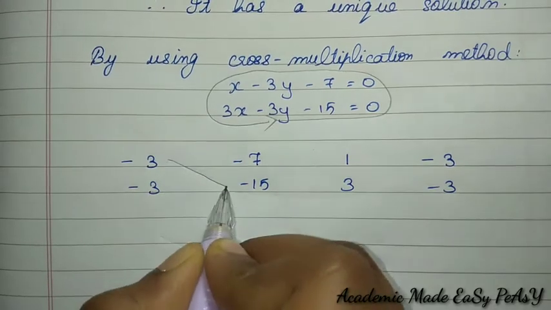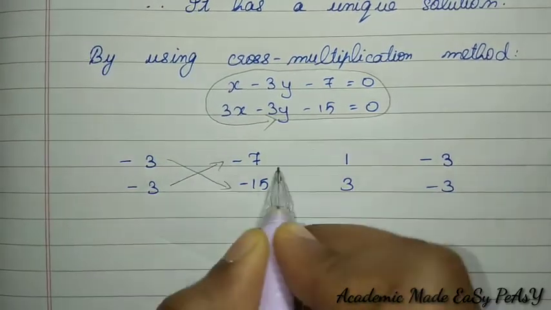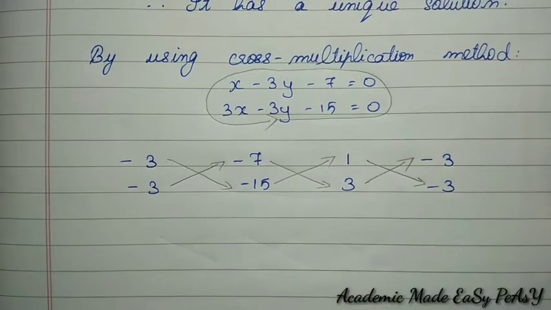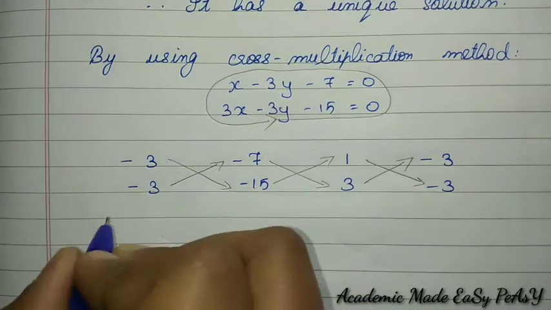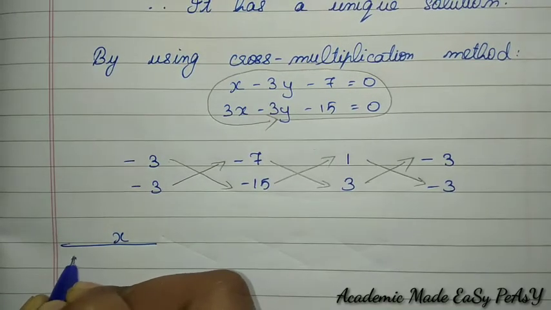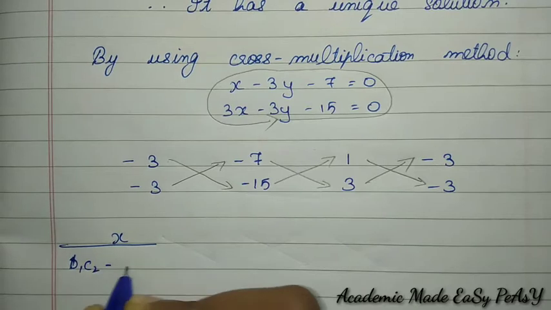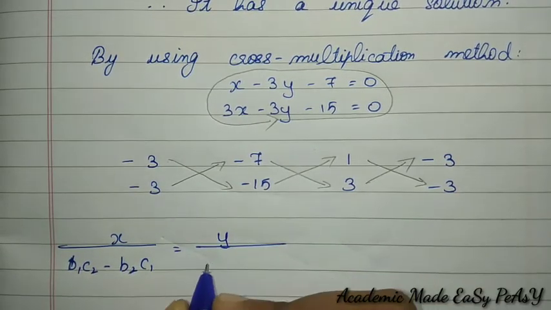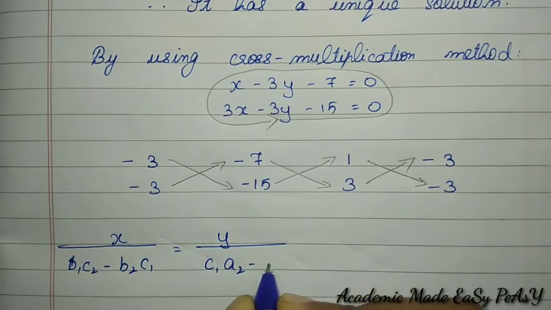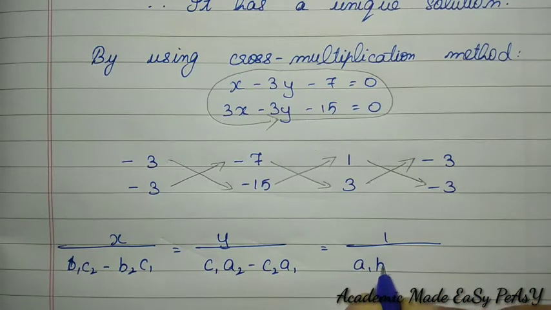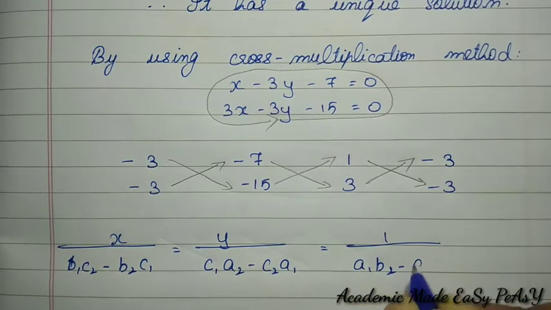It is very easy if we remember this diagram, so always remember this diagram. Now we will be writing the formula: x divided by B1C2 minus B2C1 is equal to y divided by C1A2 minus C2A1 is equal to 1 by A1B2 minus A2B1.